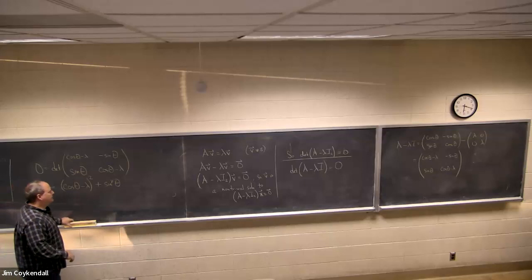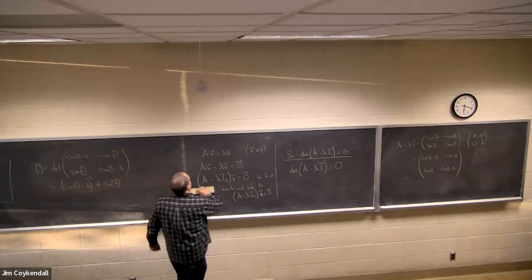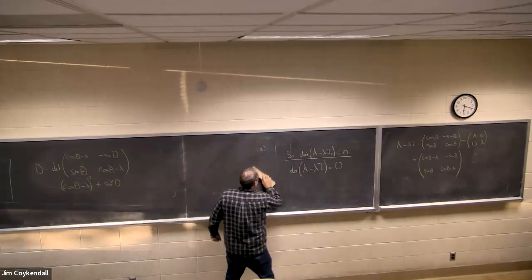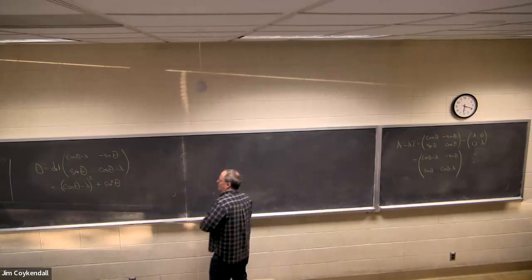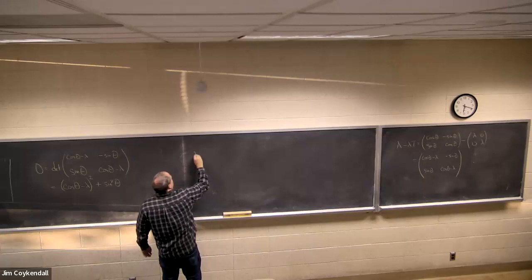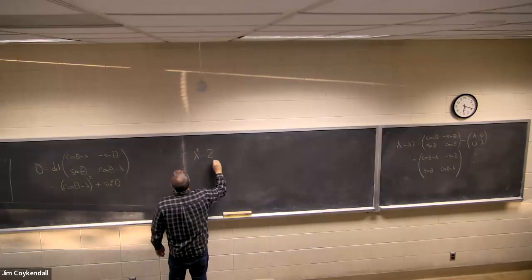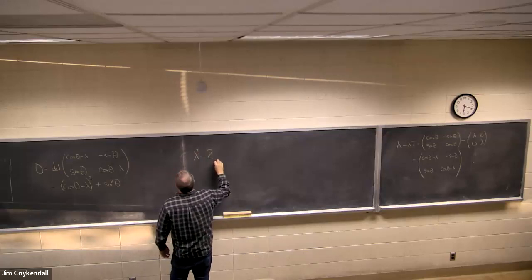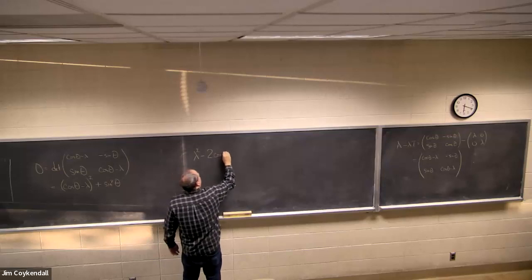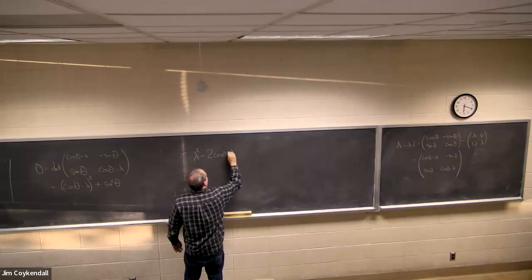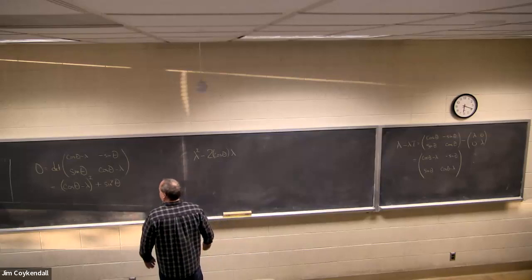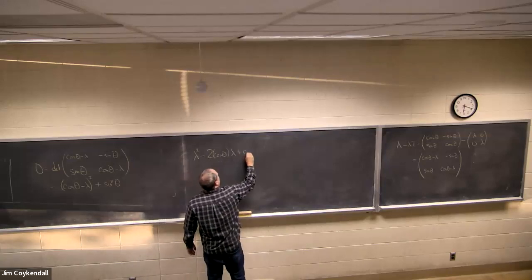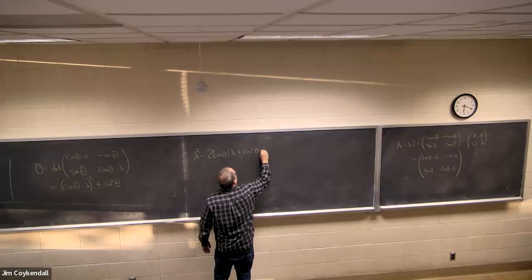You multiply this out. So I'm going to get lambda squared minus 2 cosine theta lambda, plus cosine squared theta.